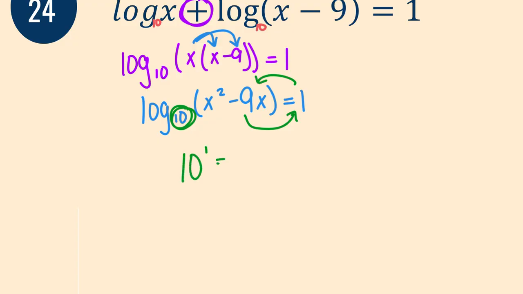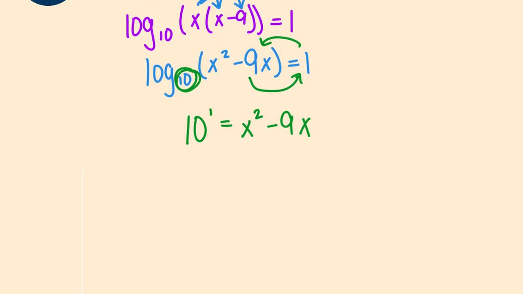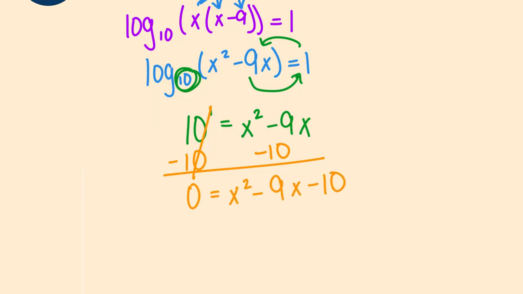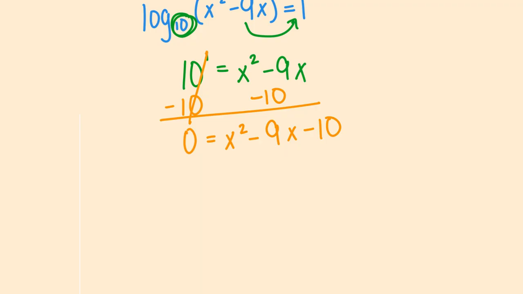10 to the power of 1 equals x squared minus 9x. Anything to the power of 1 is itself. And again, I have a quadratic equation once I subtract 10 from both sides. 0 equals x squared minus 9x minus 10. And this one I could just factor.